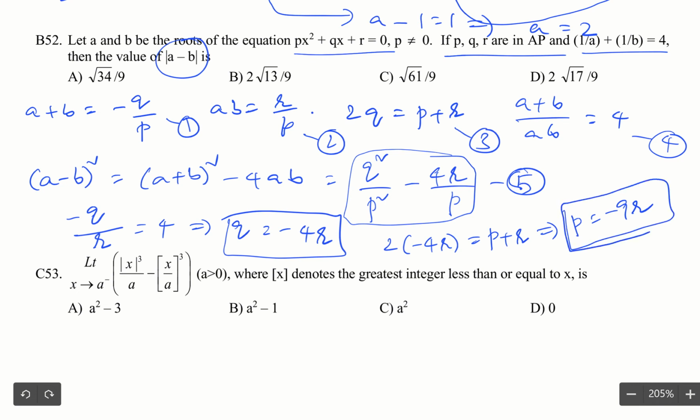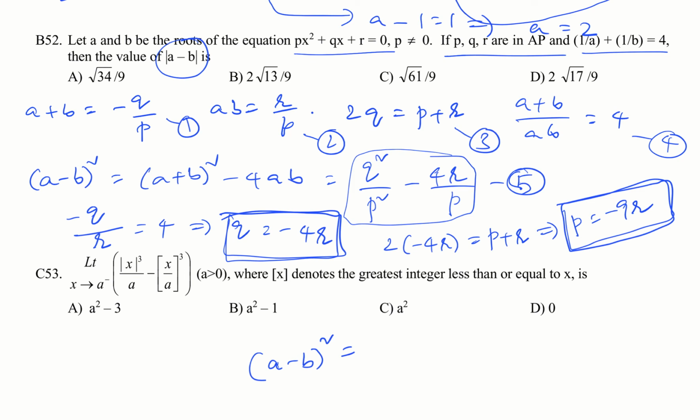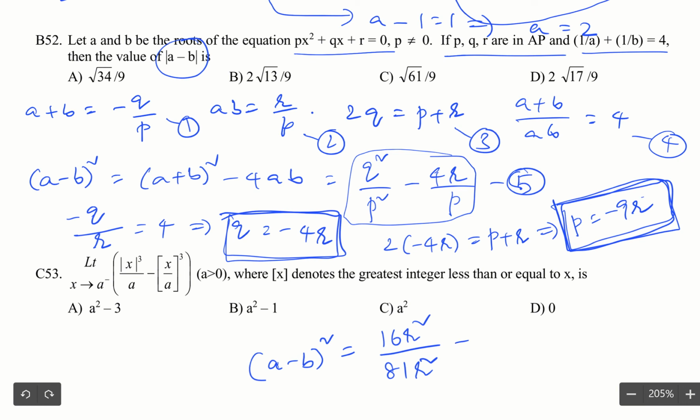Now I substitute this p value and q value in 5. So if I do that, I'll have (a - b) whole square equal to q square, q is -4r, so q square will be 16r square, by p square, p is -9r, so p square will be 81r square, minus 4r by p, which is again -9r.